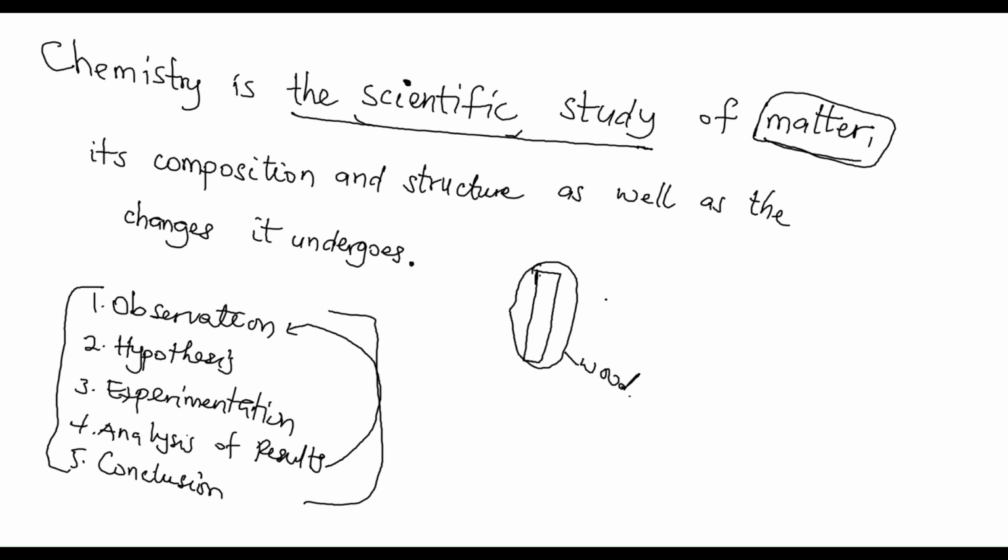What is inside the matter? What makes up this matter or this wood? And if you change it from solid, liquid, and gas, what happens to the matter? What behavior do the molecules or the components of this wood exhibit in various states, in chemical reactions and so on? Yes, that's what chemistry is.